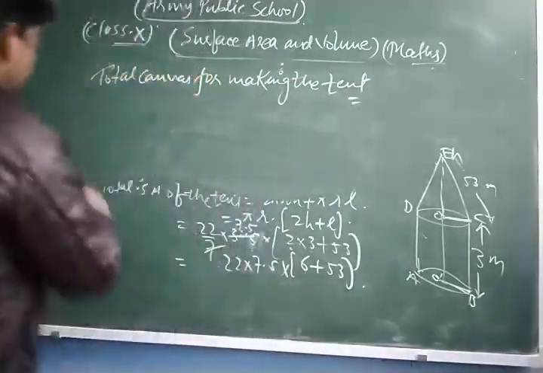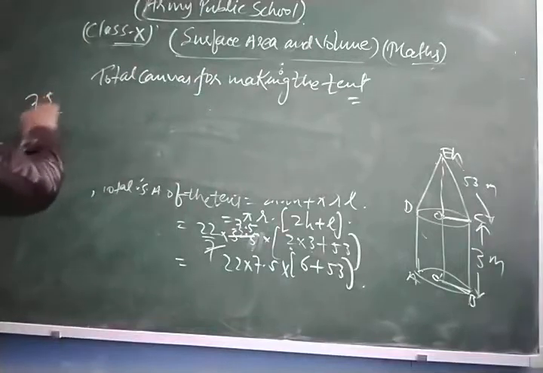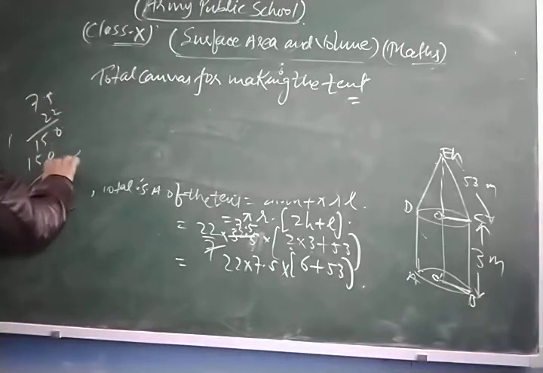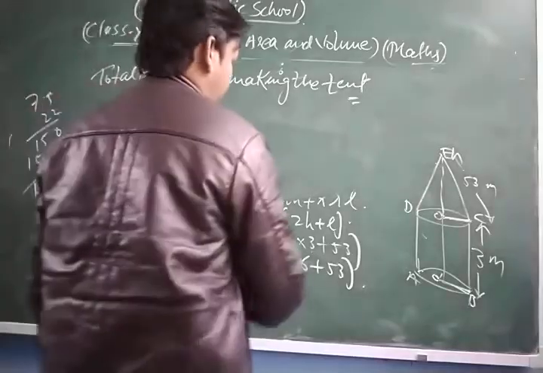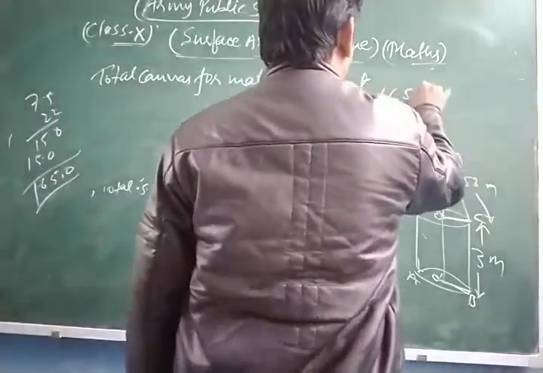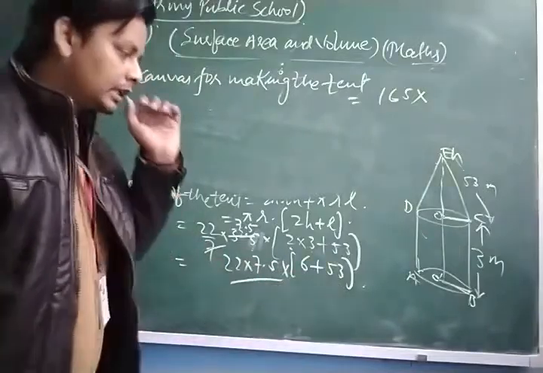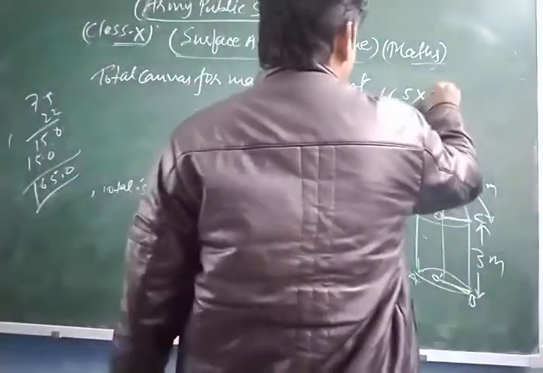Now we multiply 22 by 7.5, that is 165. 165 is multiplied by 53 plus 6, which gives 59.